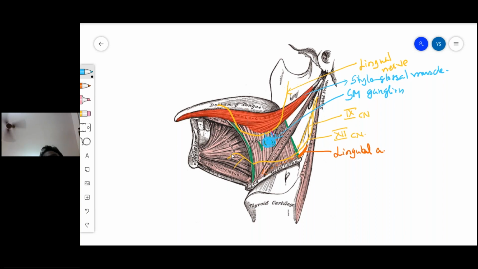And also from the lingual nerve, one gland is suspended. That gland is called the submandibular gland. These are the parts present in this picture.